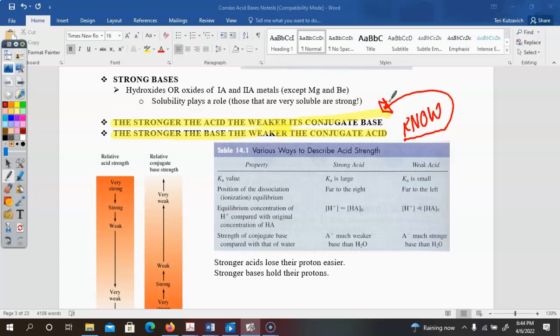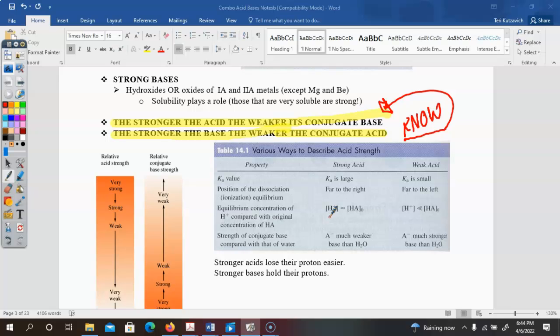So, if Ka is large, it's a strong acid. What does that large Ka mean? That it's going toward the products. It's dissociating 100%. At equilibrium, you're going to have a lot of hydrogen ions being produced. How many?